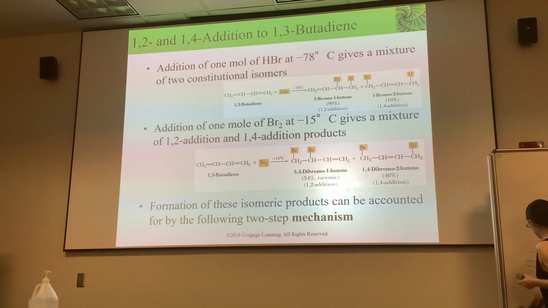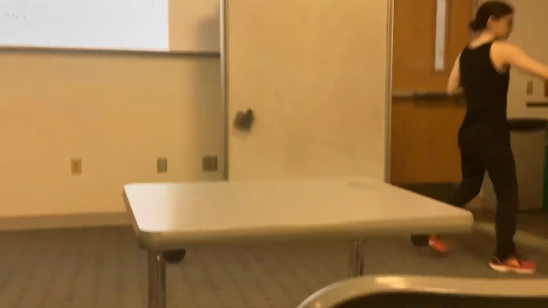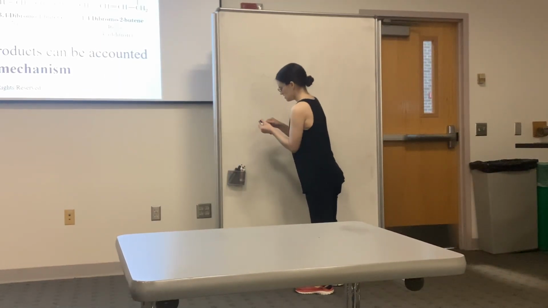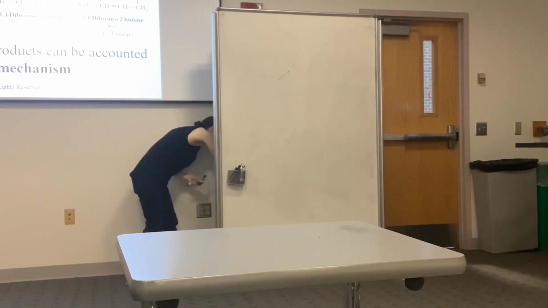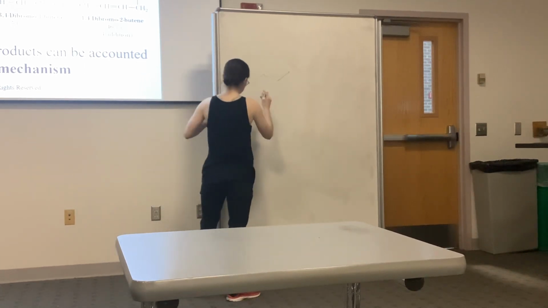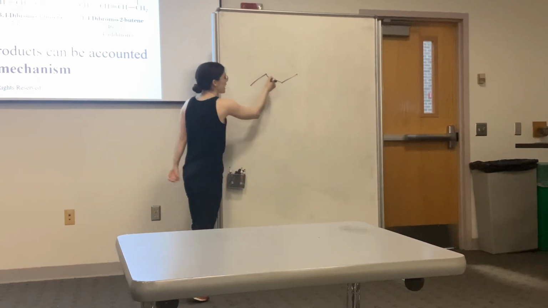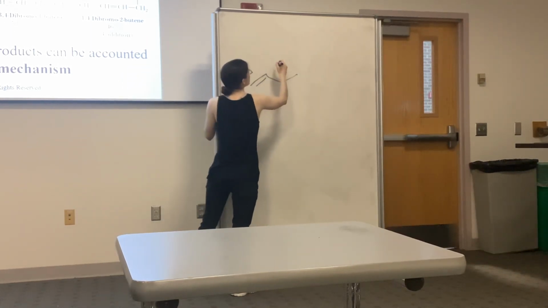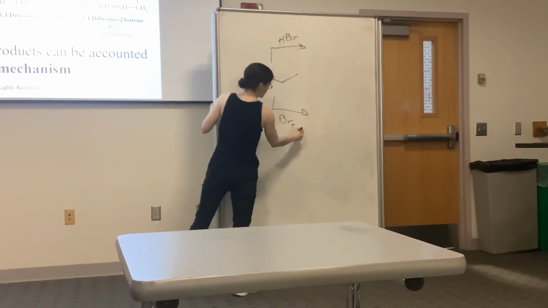So you guys have done the reactions before with alkenes, where you have an alkene, like this, and we react that with HBr, or we react with Br2, right?